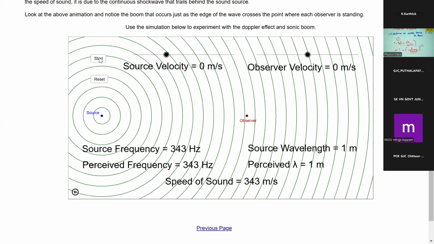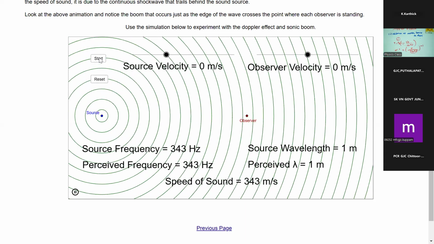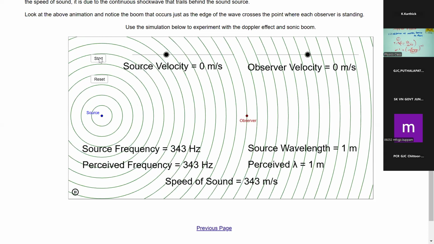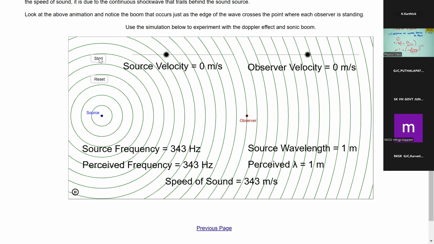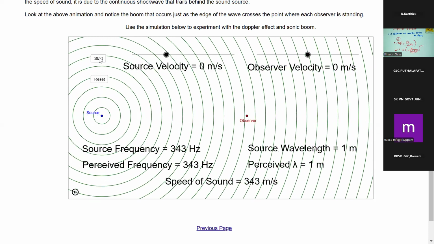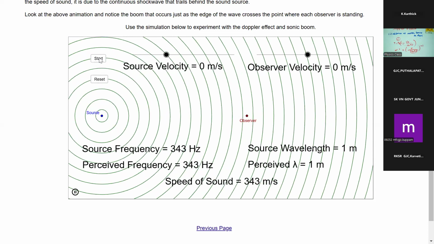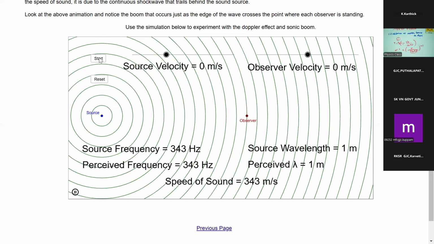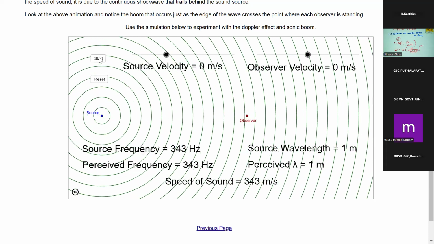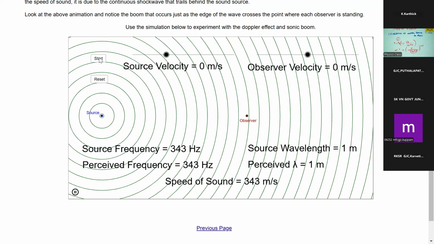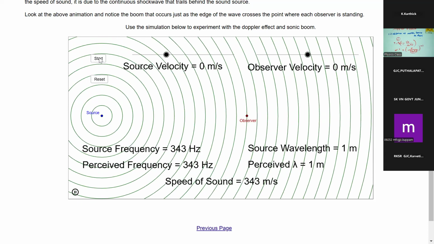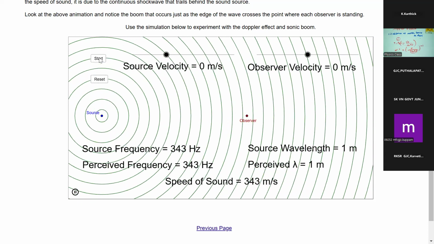The source frequency, as I already told you, is 343 Hz. The perceived frequency is the same, because both are at rest, so nu naught is equal to nu s. You can remember that: nu naught equal to nu, or n naught equal to n s, or f naught equal to f s. So the source frequency is equal to the perceived frequency: 343 Hz, 343 Hz.